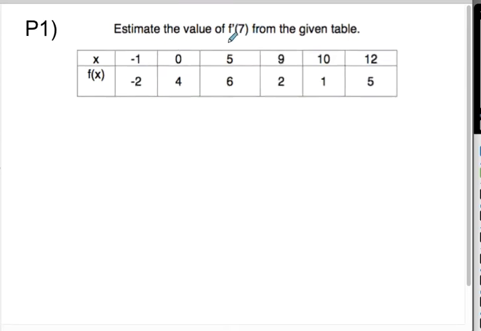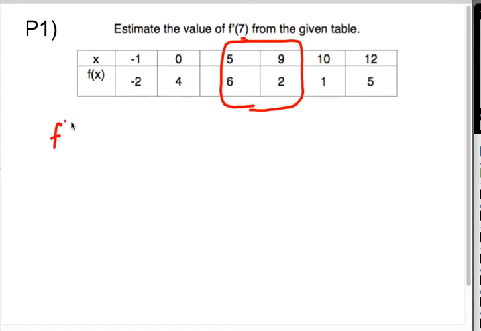Okay, so you're going to estimate f prime of 7, right? So again, you're estimating the instantaneous rate of change, or the tangent slope at 7. Pause me if you don't want me to do this problem. So 7 is not given as a choice, but 5 and 9 are, and they are both kind of flanking 7, right?